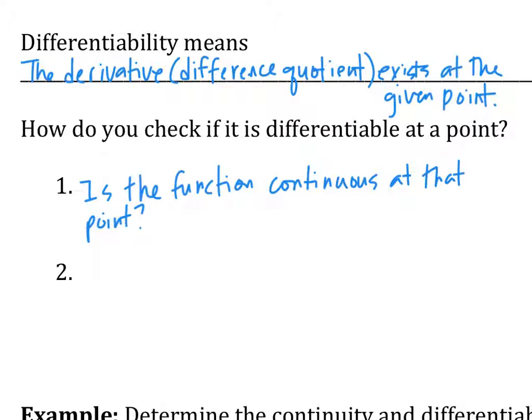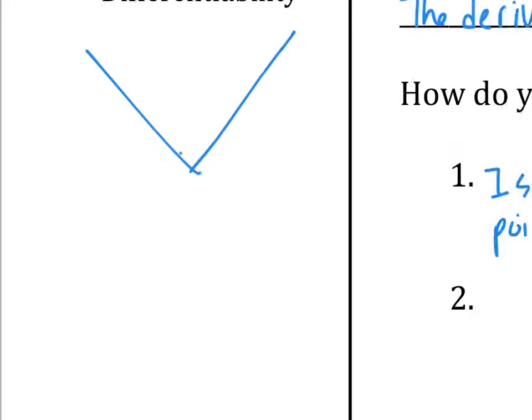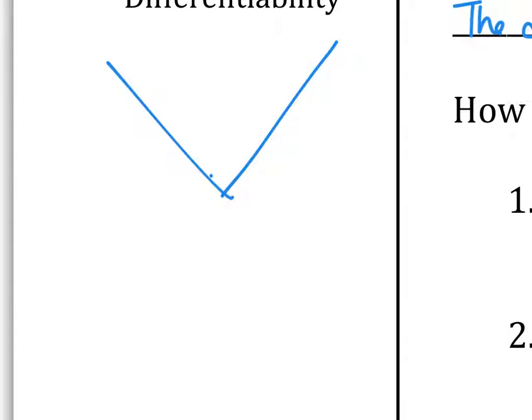You're basically asking, is the left-hand side derivative and right-hand side derivative the same number? For example, this one is continuous, so then the question is, is there a derivative at this point? So you find the slope on the left, the slope on the right, and you say, are they the same? This one is not the same, therefore not differentiable. So let's write that down.